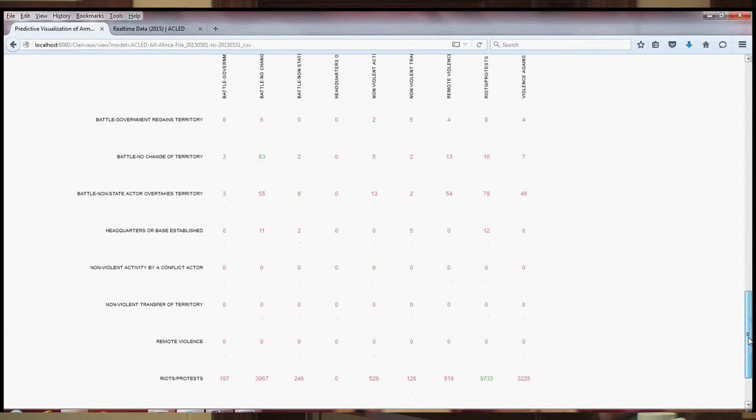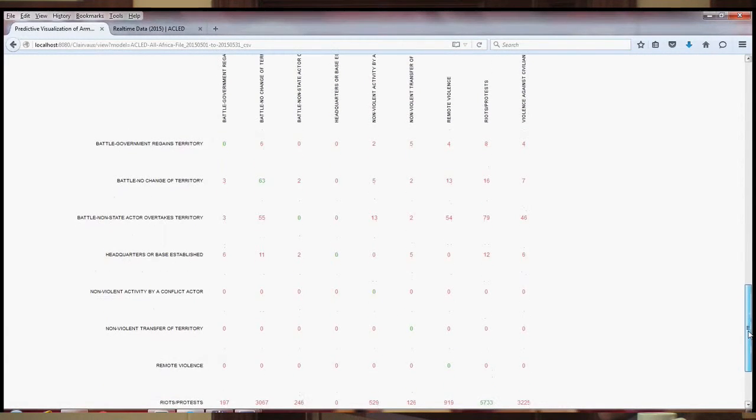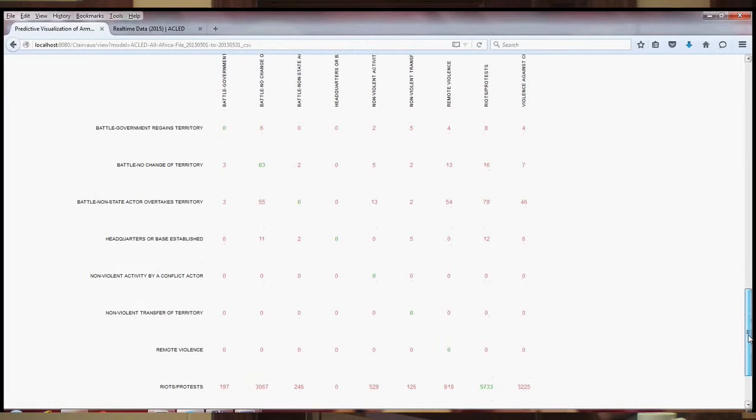So what's the use of something like this? Well, I think it could be used by a government or a research organization, for example, to better understand armed conflict events. They may be able to detect, for example, if there's a domino effect where one event leads to another event, or an escalation where one particular event escalates to a more severe event.